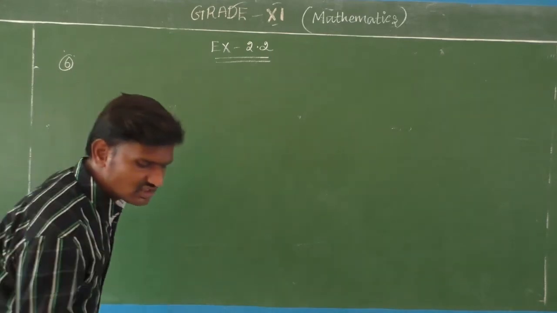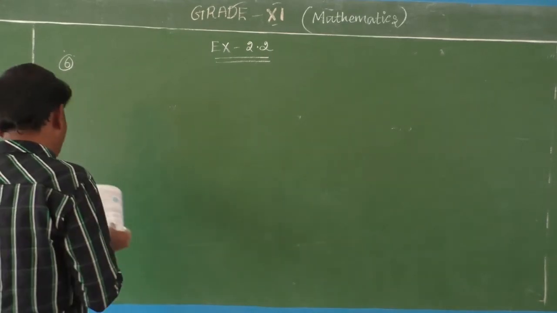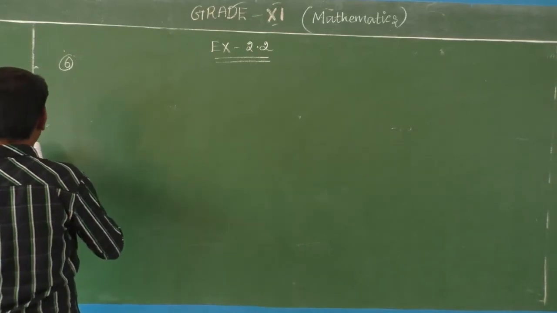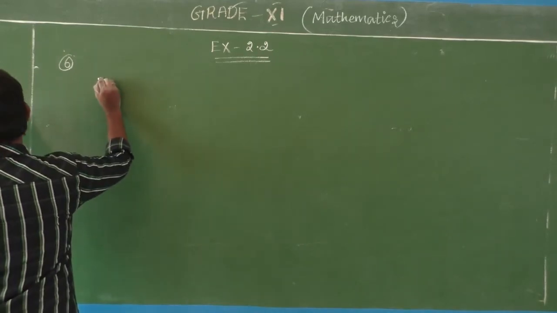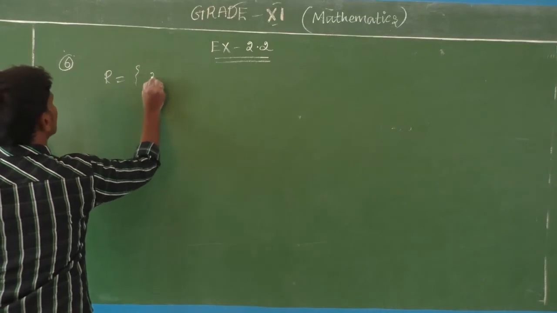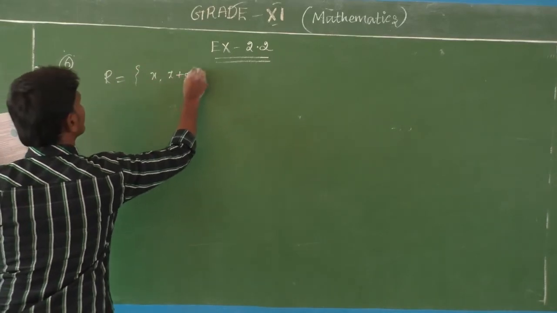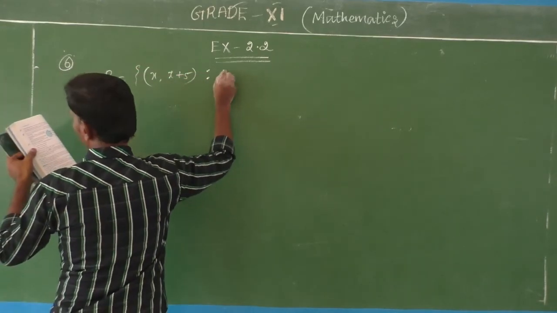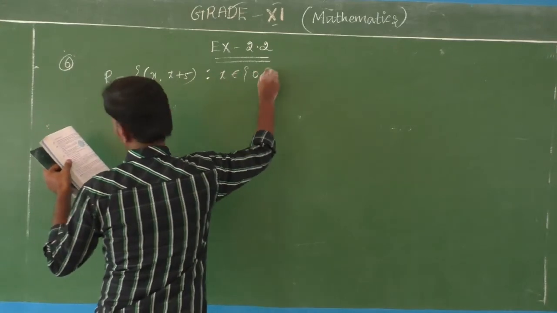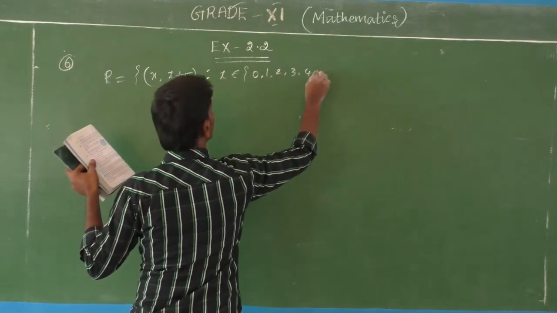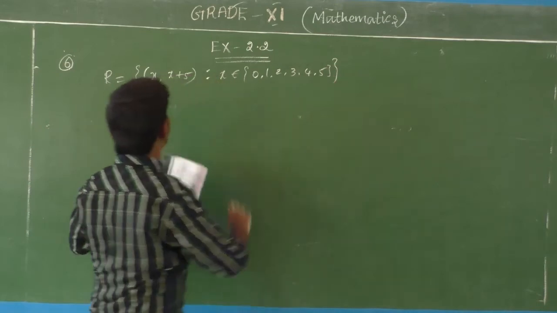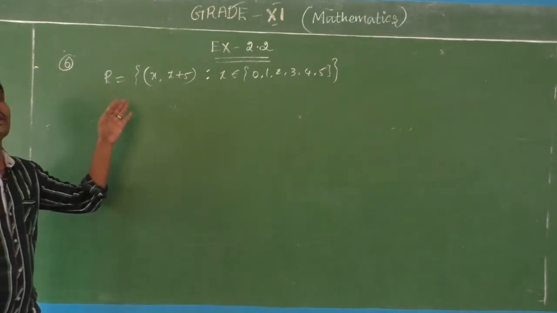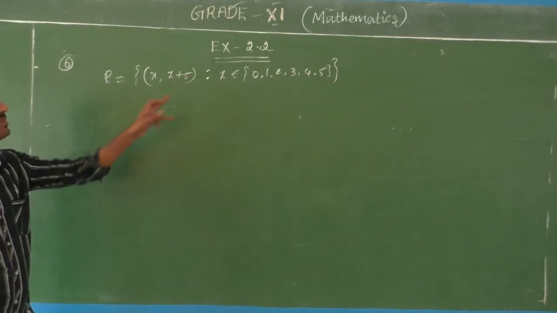The sixth question is: determine the domain and range of the relation R defined by R equal to {(x, x + 5): x belongs to {0, 1, 2, 3, 4, 5}}. For that you have to make the ordered pairs as (x, x + 5).